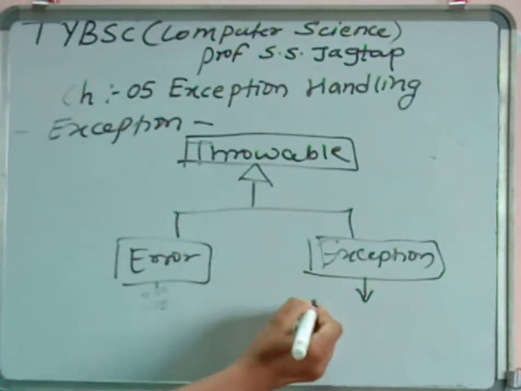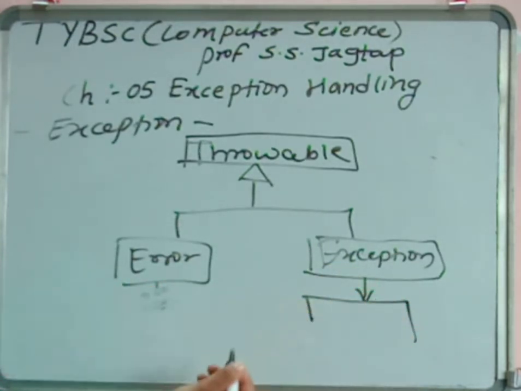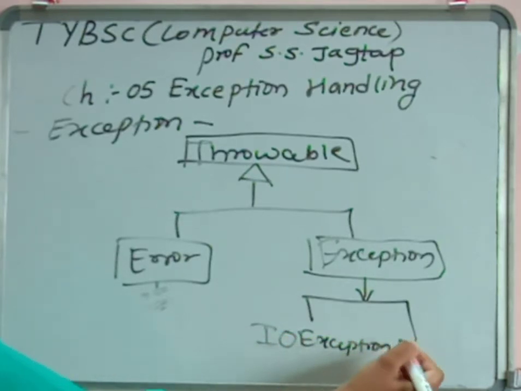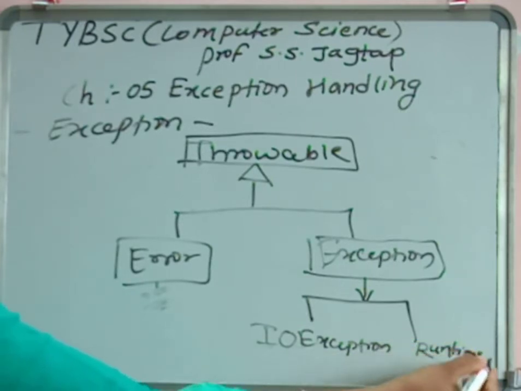Exception consists of two parts: IOException and second is RuntimeException.